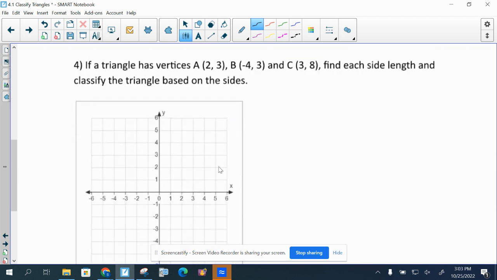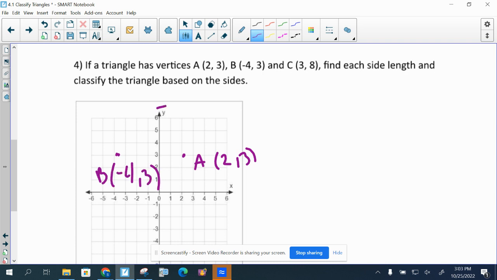And number 4, we'll do this one. So A is 2, 3. B is negative 4, 3. And C is 3, 8.